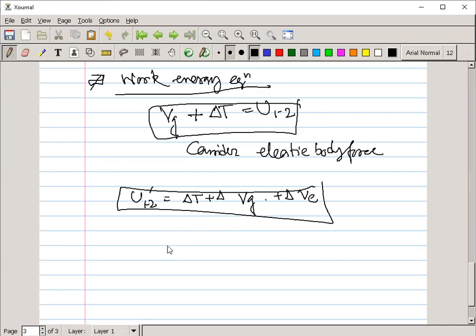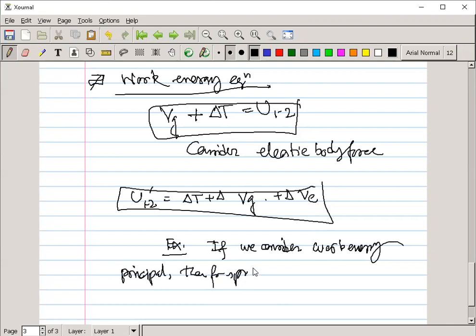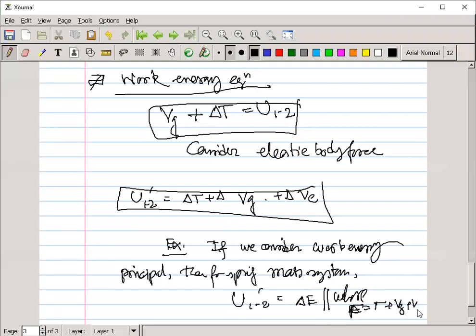If we consider the work energy principle for a spring mass system, this U12 dash is nothing but delta E, where E is equal to T plus Vg plus Ve.